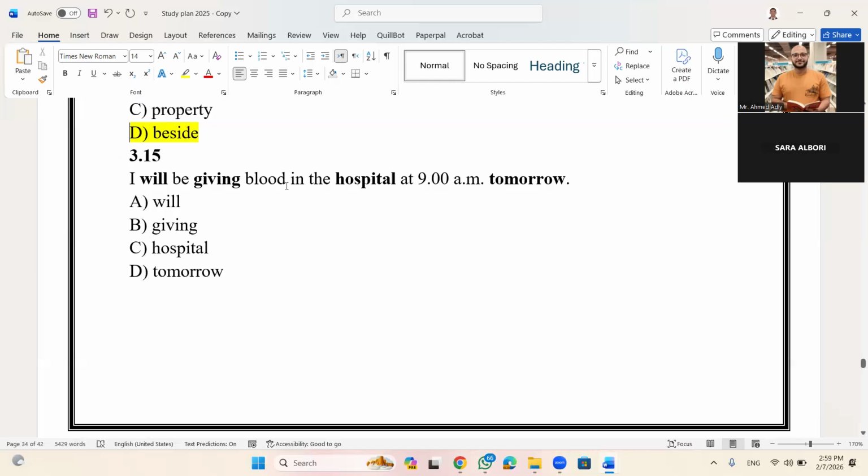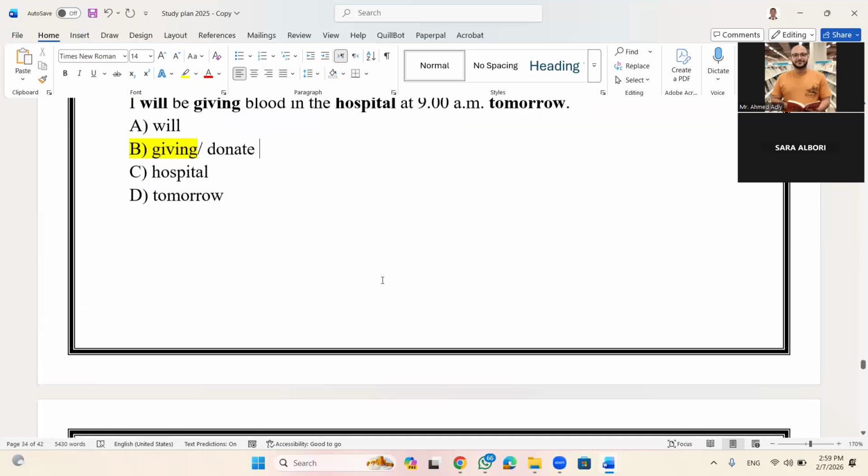Blood is not in bold here. It's hospital. No, hospital. Why? Replace it. Where do people usually give blood? In hospitals. Giving. Yeah, we don't give blood. We donate it. Right? Donate blood. Ever seen that somebody went to a hospital and told them that I need to sell my blood? Next.